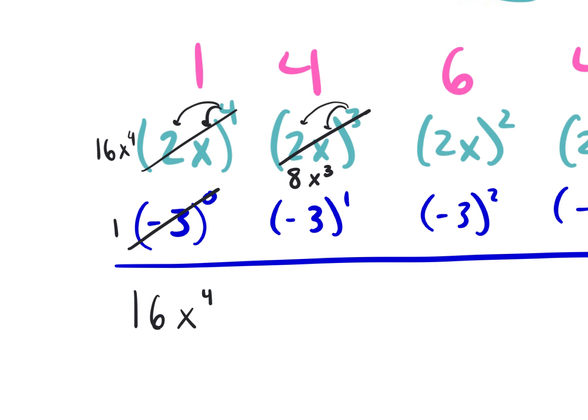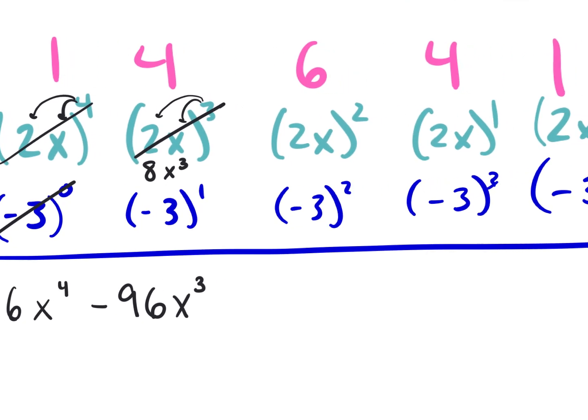So 8 times 4 would be what? 8 times 4 is 32. Times -3 would be -96. So -96x to the 3rd power. So you just multiply all the numbers in the column together.